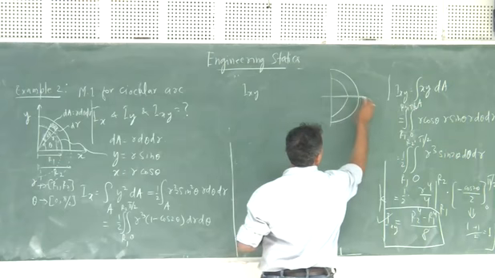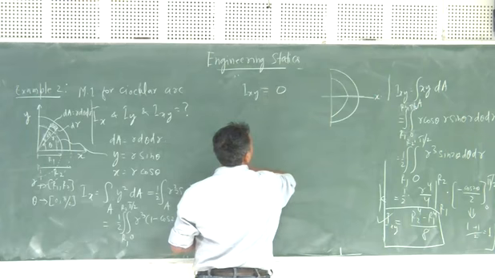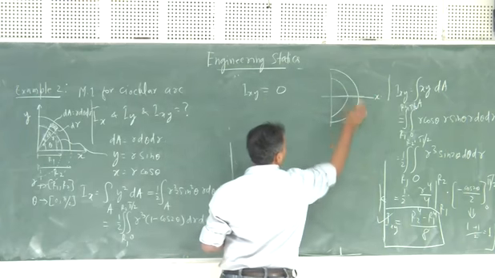Since this one is symmetric about the x-axis, for any axis about which it is symmetric, its product of inertia will be 0. The quarter one was not.